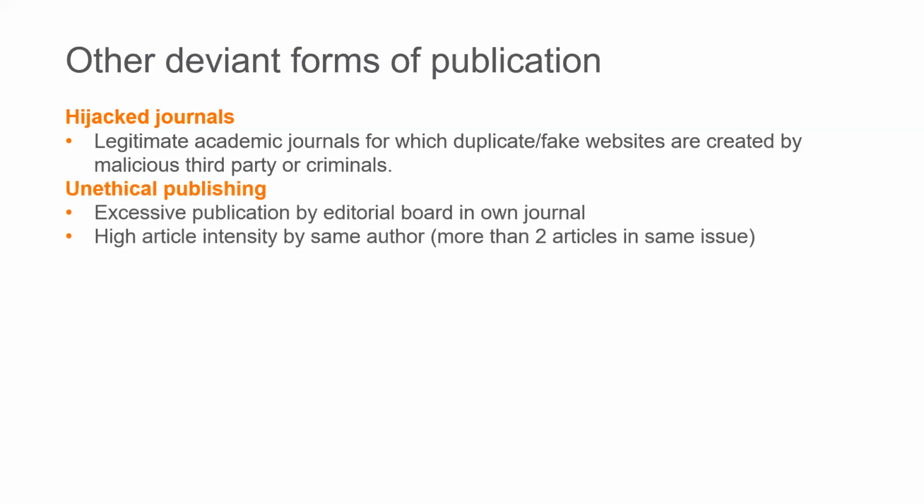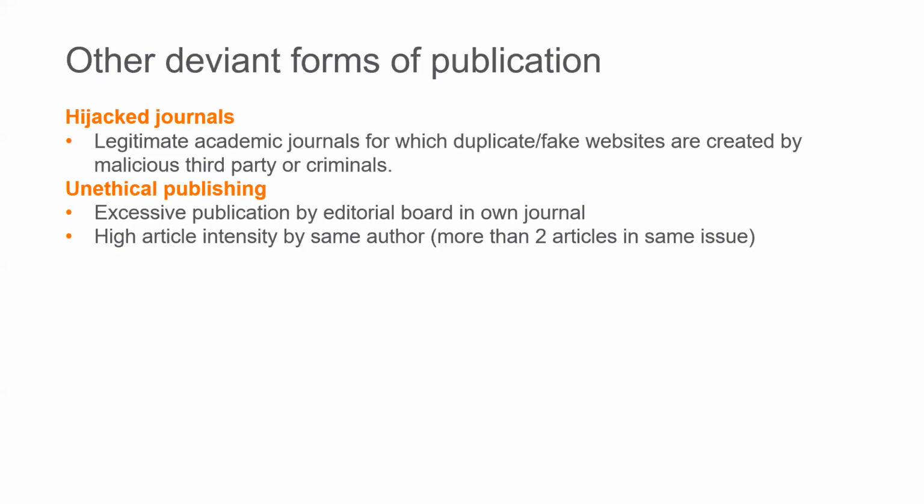but it ends up in the wrong place. Unethical publishing is always an issue also. So this is not predatory, but it's unethical, where you have excessive publication by an editorial board in their own journal or by a very high intensity of authors in the same issue of a journal, for example.